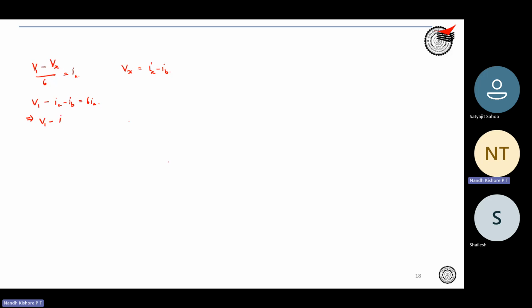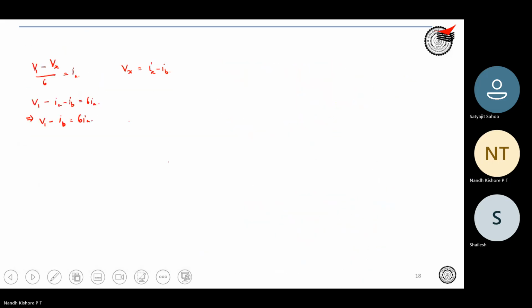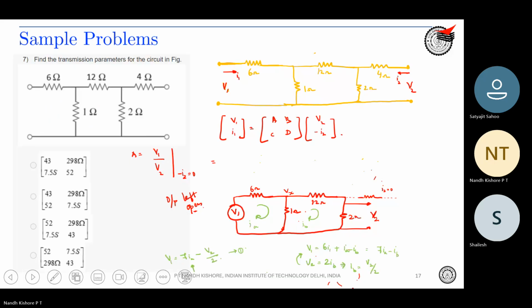V1 minus IB is equal to 6 IA. Just a second. What else can we do?